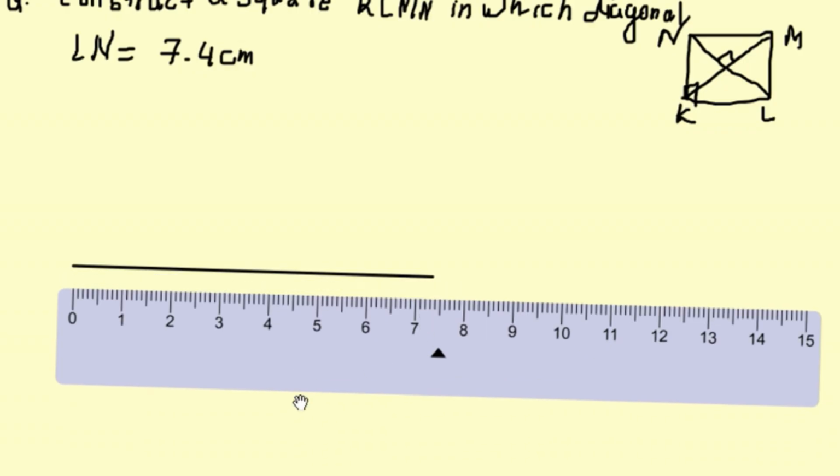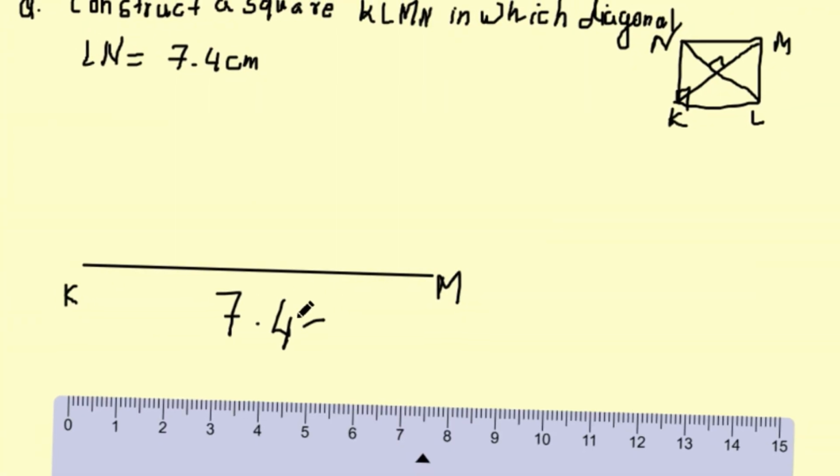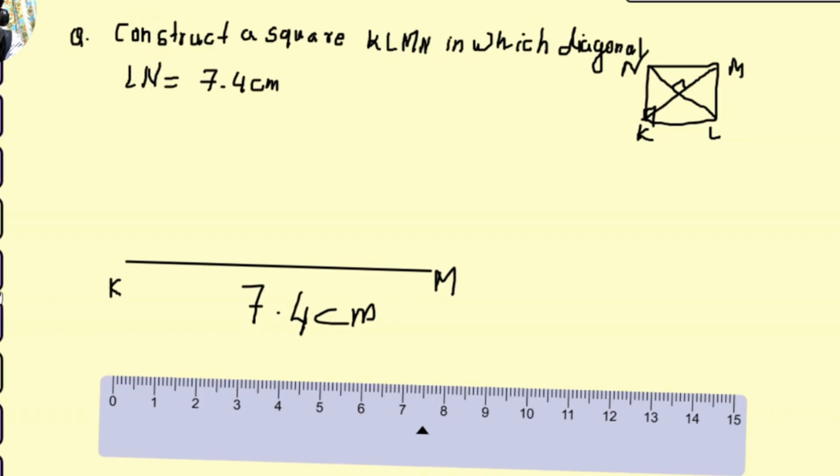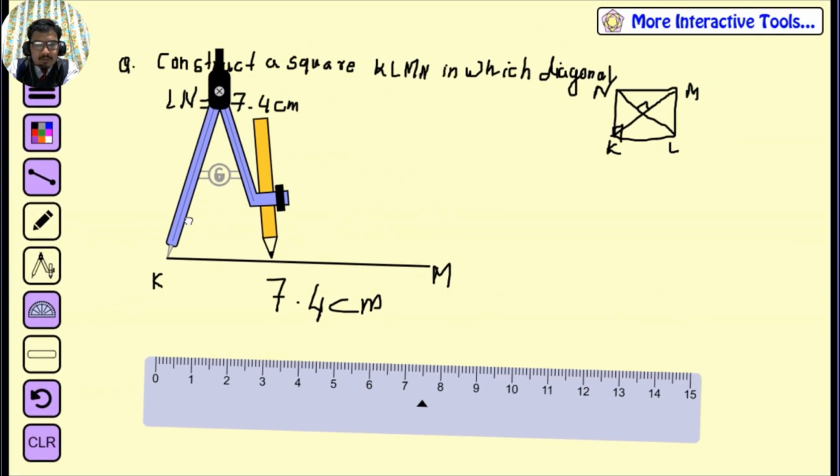Like this, and I'm writing its name, KM. This diagonal is of 7.4 centimeter, right? And we need to bisect the diagonal.